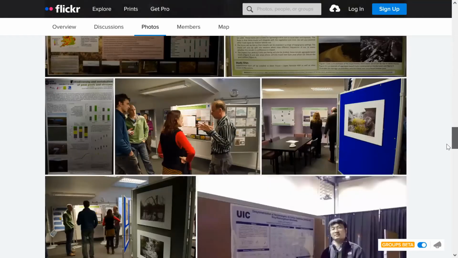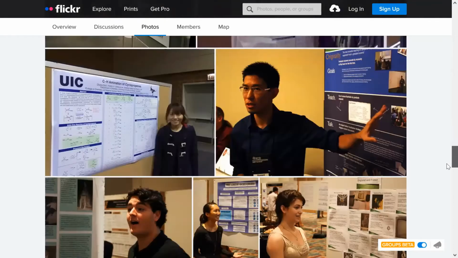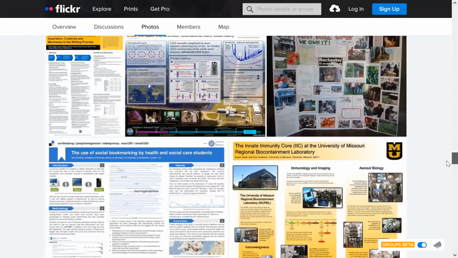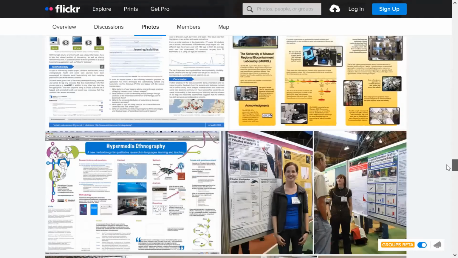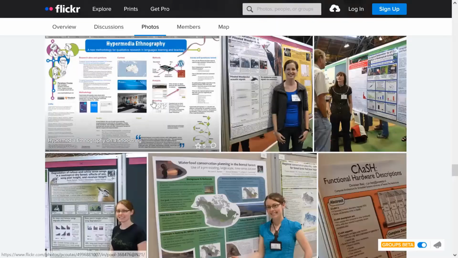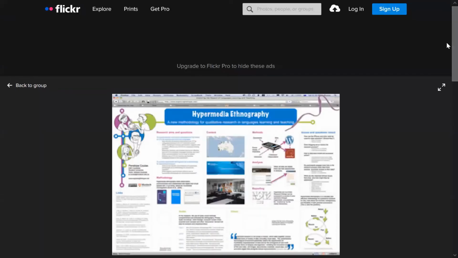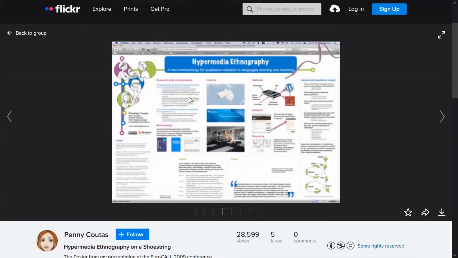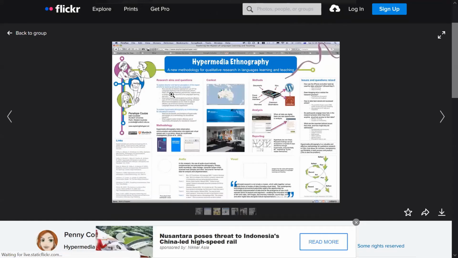And so we're not looking for something that has a huge chunk of text presented just like that, but we are looking for something that presents the various aspects of a piece of research. For example, this one here has the research aims, the context, the various methods used, the findings, and so forth.